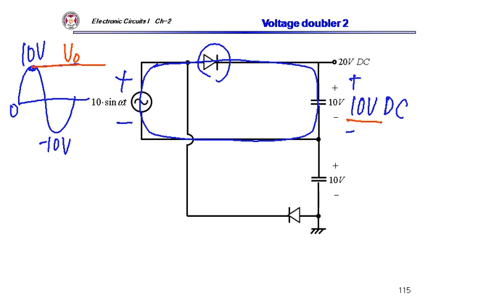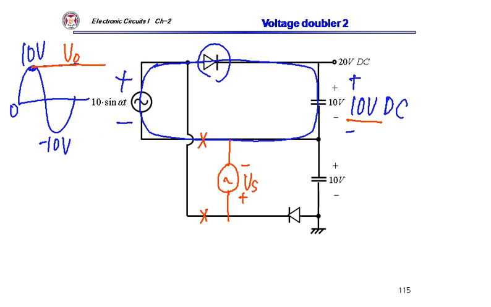How about the bottom circuit, the lower circuit? The lower circuit is actually the same circuit, right? So for the lower circuit, I can redraw it. Where is my VS? So here, this is my VS, in the opposite way.